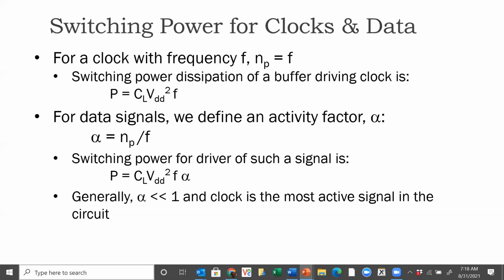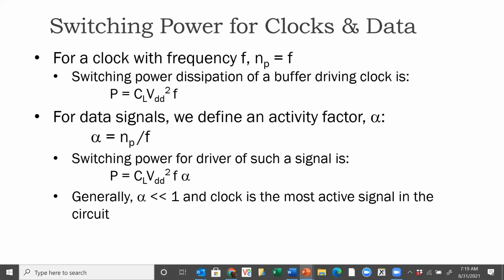And in general, we should always use the lowest drive strength cells so that the load capacitance is low. If you use an unnecessarily high drive strength cell, then its input pin caps will be higher, and therefore the load capacitance will be higher, and it will result in higher power dissipation. So CL, the load capacitance reduction, is one of the things we can try to do to reduce power.